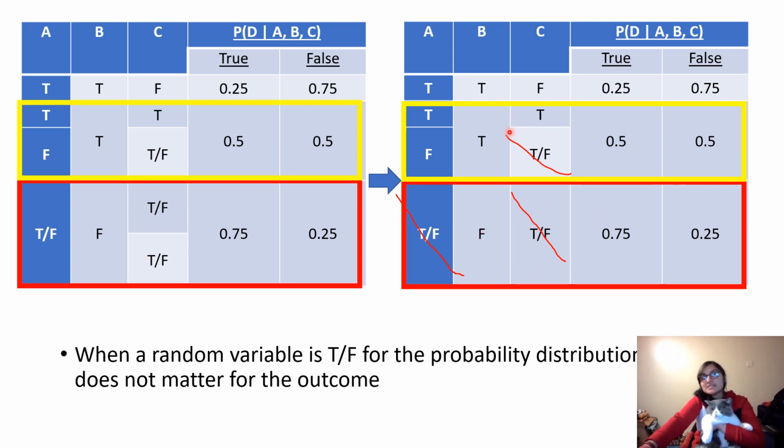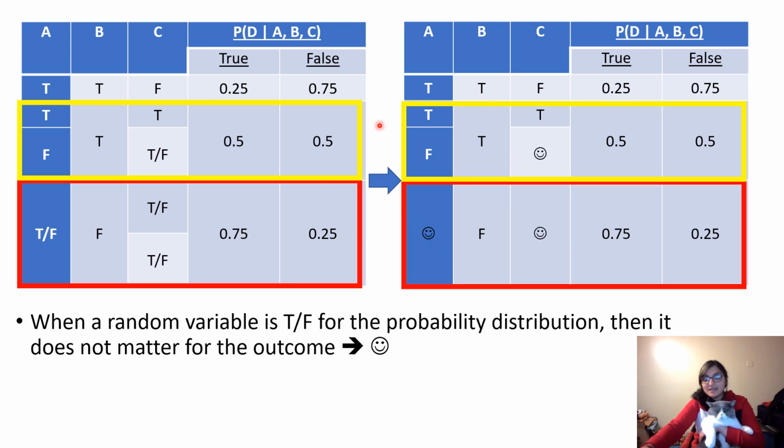But what happens is that if C can be true or false here, it means that C doesn't matter for the situation. If A is false, you can just see this as a continuation of the same. So if A is false, B is true, then C can be true or false. And if here A can be anything, C can be anything, it doesn't matter if B is false, and that's what we observe. So that's the main idea.